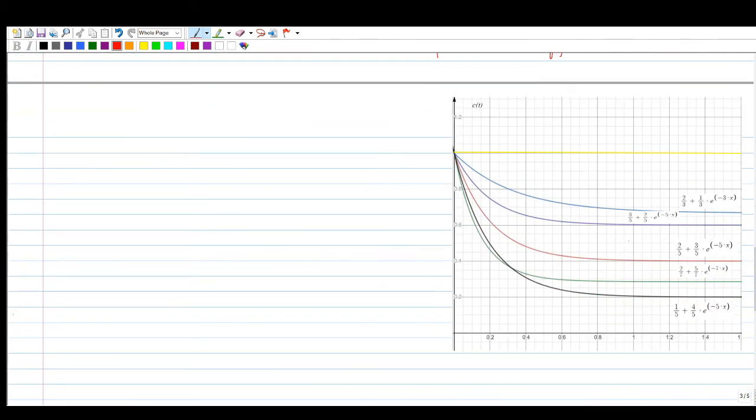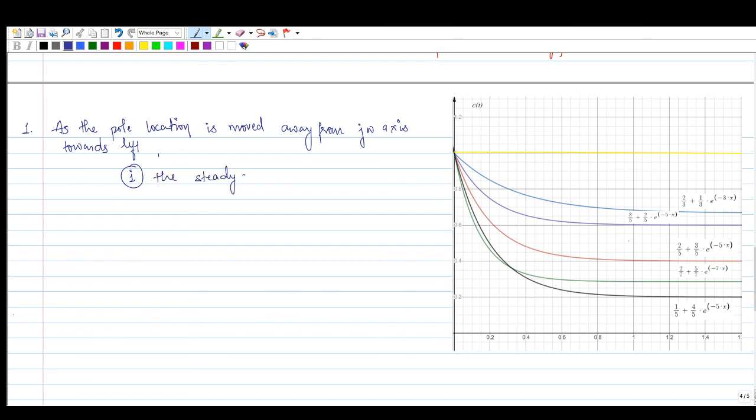So the first inference that we are making here is that as the pole location is moved away from the j omega axis towards the left, and this is important, moving away but towards the left, the first one is that the steady state error increases.